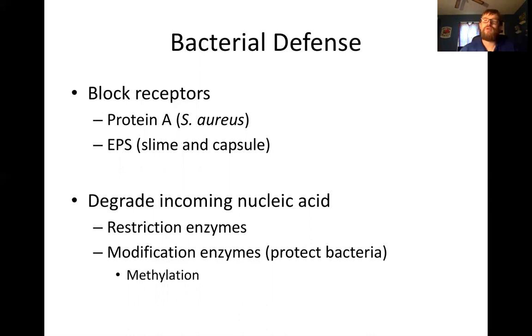And so if you block that receptor on your surface, then the virus can't attach to it. Not all bacteria do this, but some do. Staph aureus is a great example of a bacteria that does this. It produces something called protein A. Protein A is immediately secreted and then binds to the receptors on the cytoplasm of Staph aureus, preventing the binding of bacteriophages via that receptor.